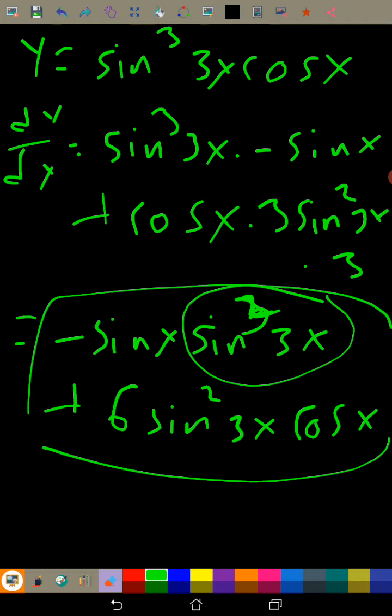Did I go completely out of my mind? Or 3x? It says that it has cos somewhere.